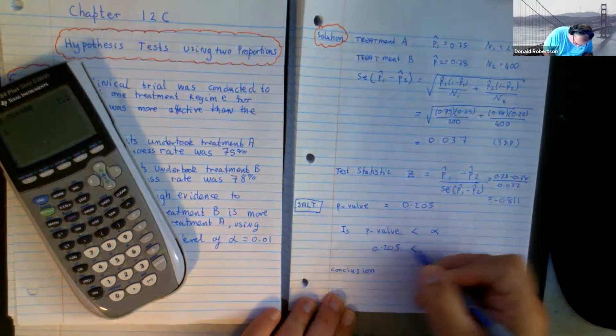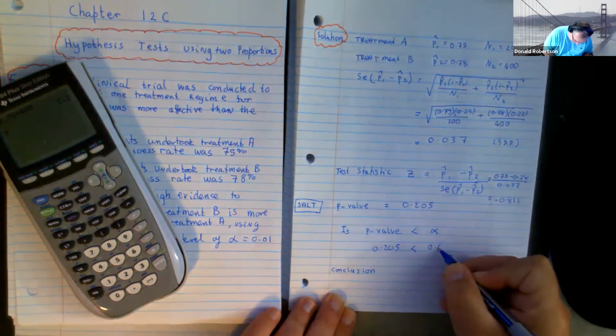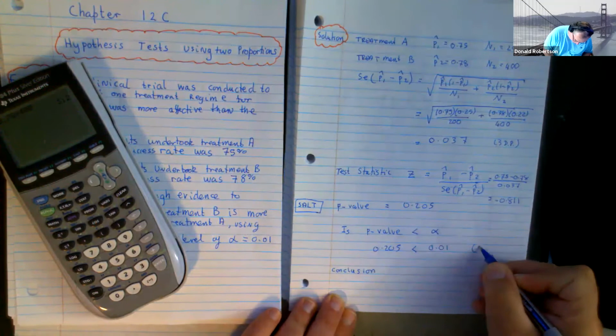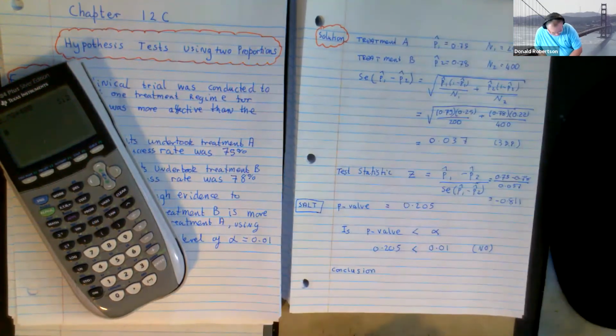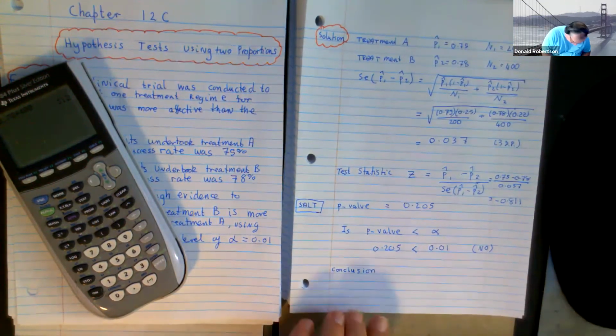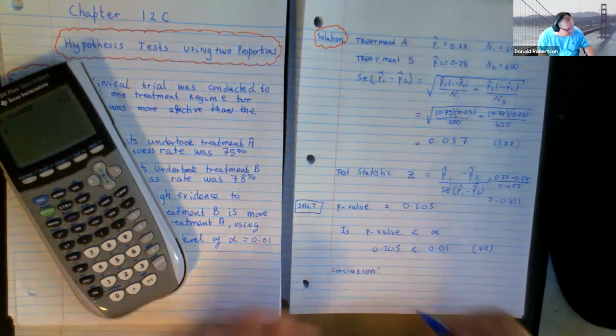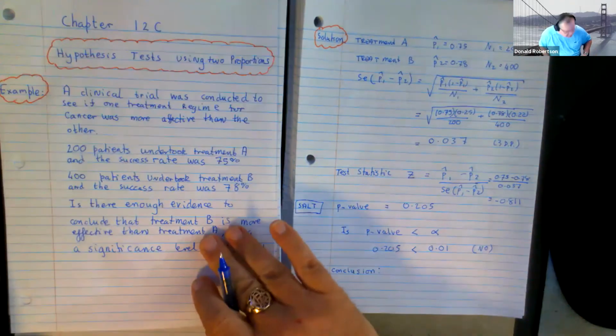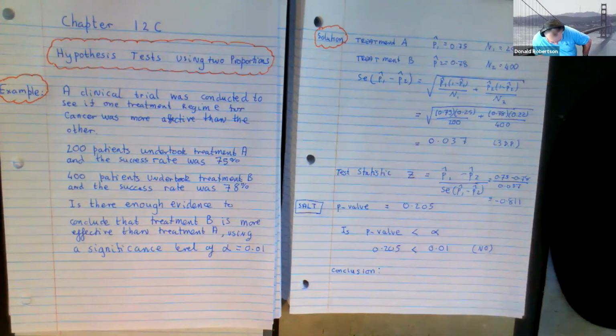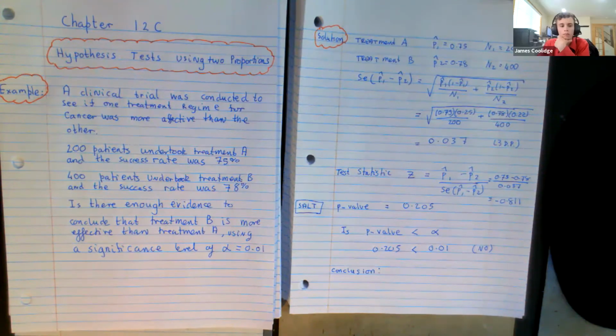Well, is it less than that guy? Well, it's clearly no, right? So what's the conclusion going to be then? If your p-value is not less than your significance level alpha, what conclusion do you come to? There's not enough evidence.